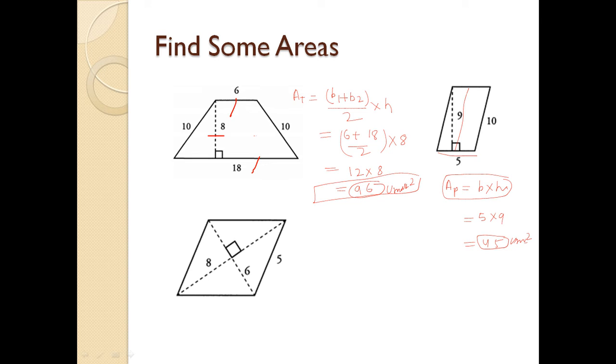So we know the formula for area of a rhombus is 1 by 2 diagonal 1 into diagonal 2. So here diagonal 1 is 8 and diagonal 2 is 6. So this is 4 times, cancel. So this is 24. So this is the area of a rhombus. Area of a rhombus is what? 1 by 2 diagonal 1 into diagonal 2.